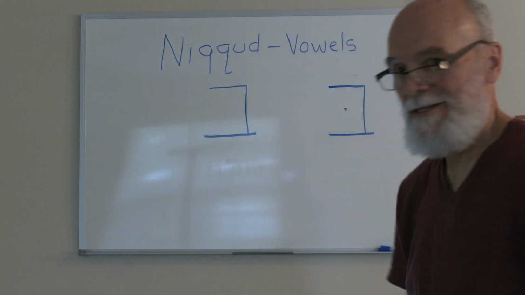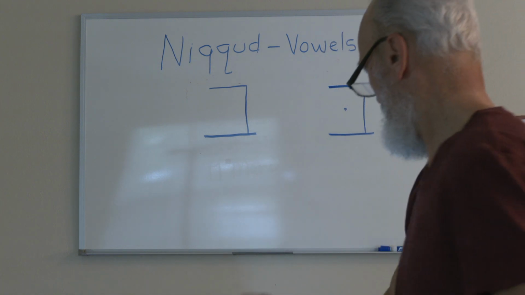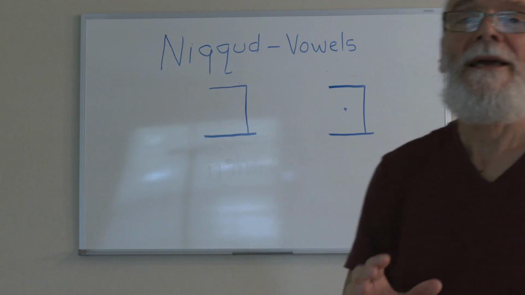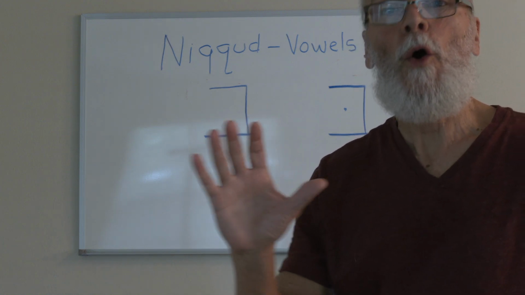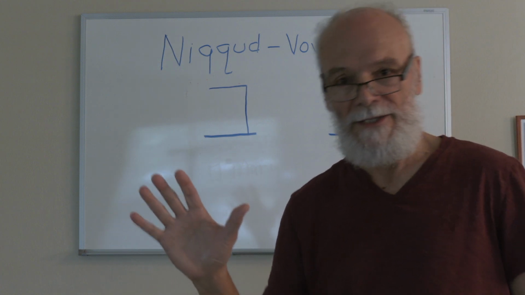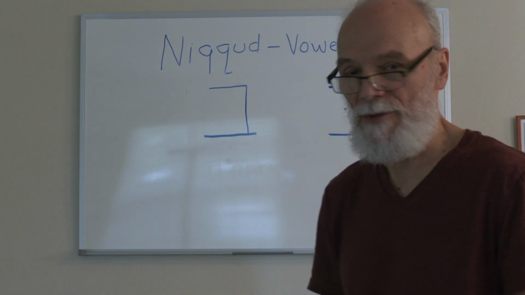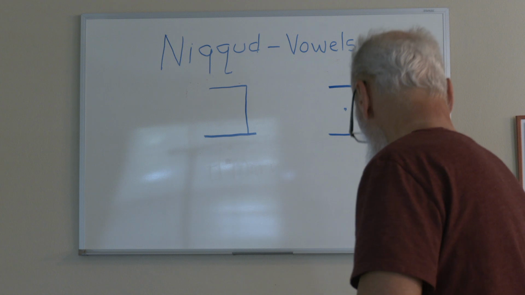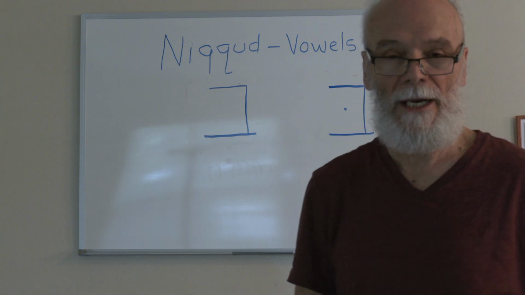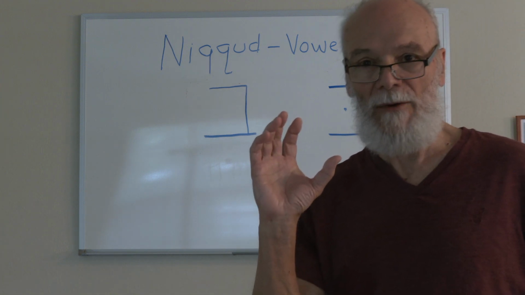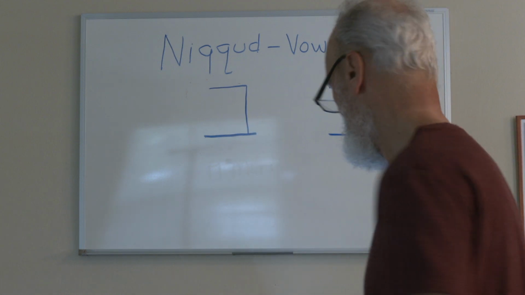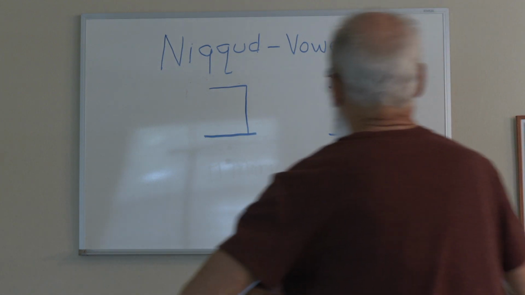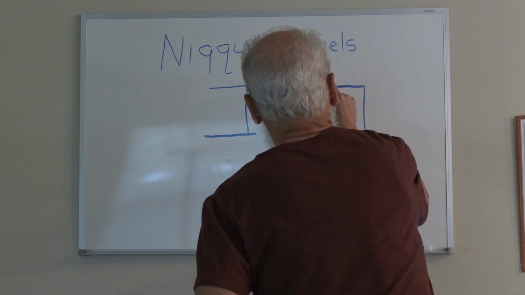Again, it's the a, e, o, u. Those are the sounds of the vowels there in Hebrew. So now we have the u, and the vowel that makes the u sound is called a shurek. And I'm going to write it right here.